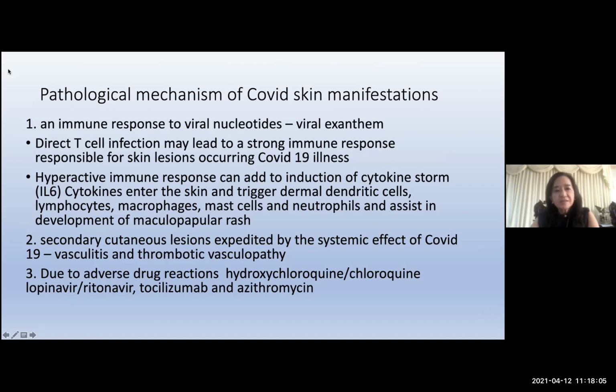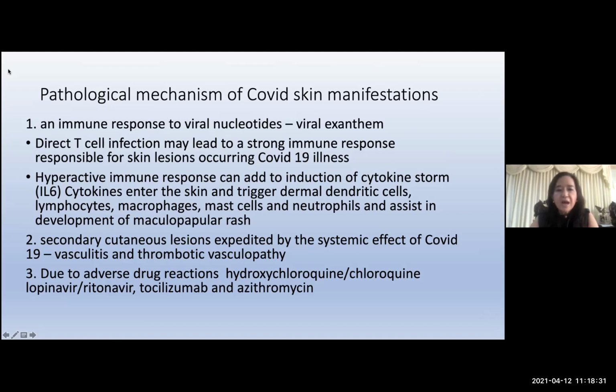So the cytokines enter the skin and trigger your dermal dendritic cells, lymphocytes, macrophages, mast cells, and neutrophils, and assist in the development of your maculopapular rash. So it's all because of the entry of the virus into your skin. It triggers the dendrites, the lymphocytes, and macrophages to cause a reaction.